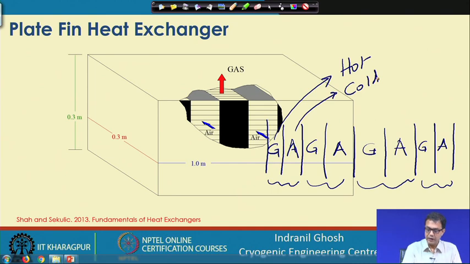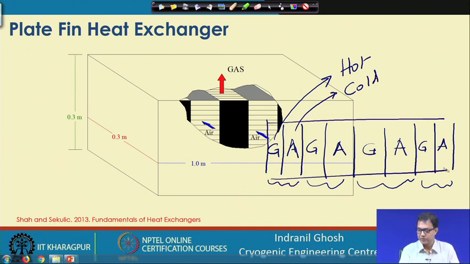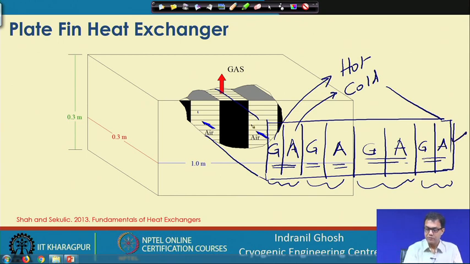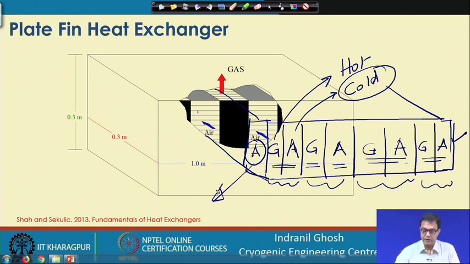The entire heat exchanger has another dimension on this side, but what we did not mention in the last class is that, though gas and air alternately flowing is the building block, the last one is air, and we will add an additional layer of air on this side. Why? Because this is relatively colder than the hot stream, though it is warmer than the ambient air.